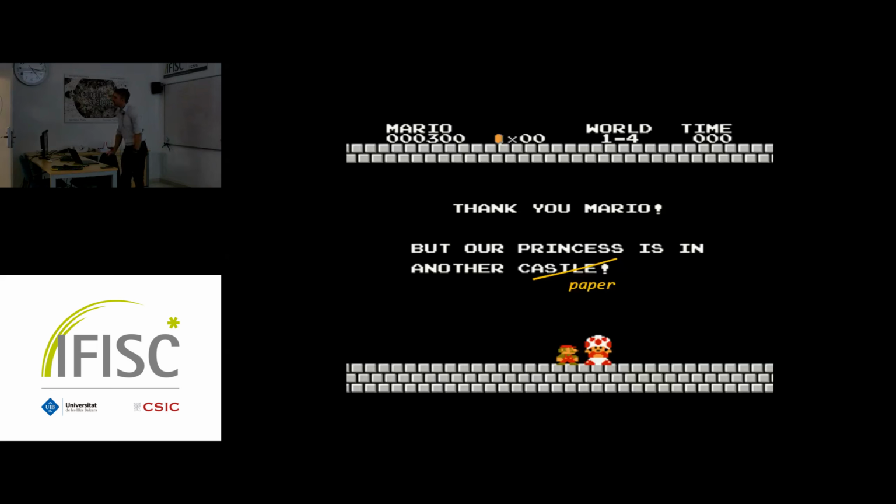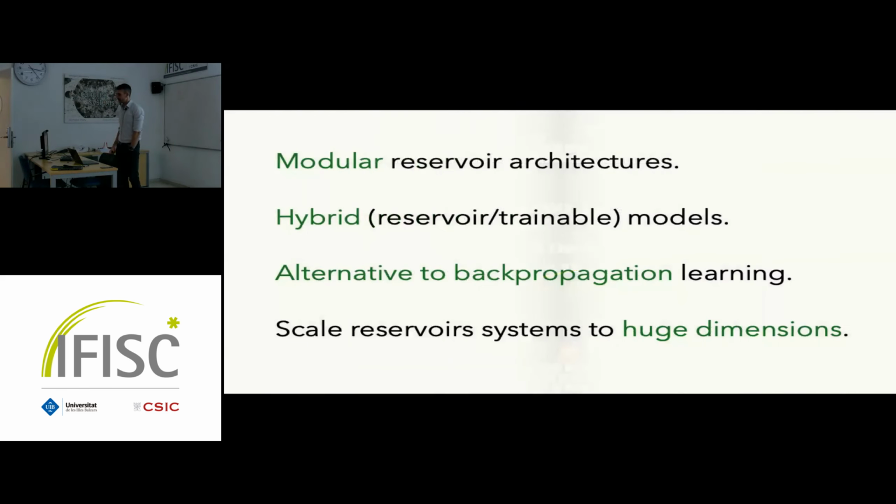If you just go to the previous slide, you're mentioning this goal of scaling reservoir systems to huge dimensions. I don't have a question, but more a remark.